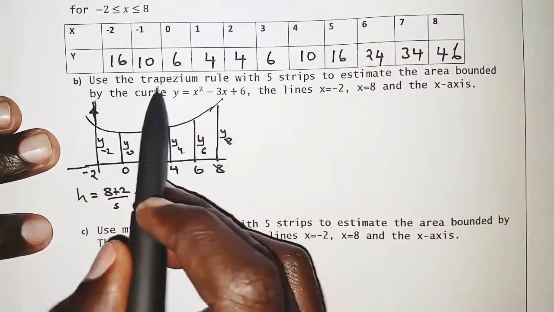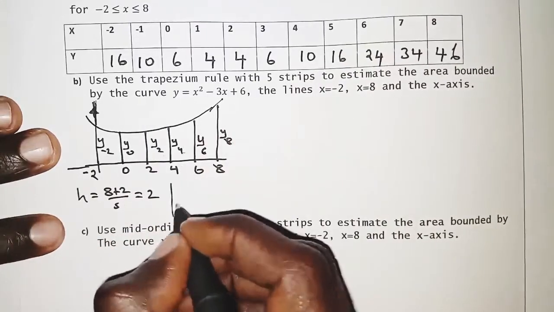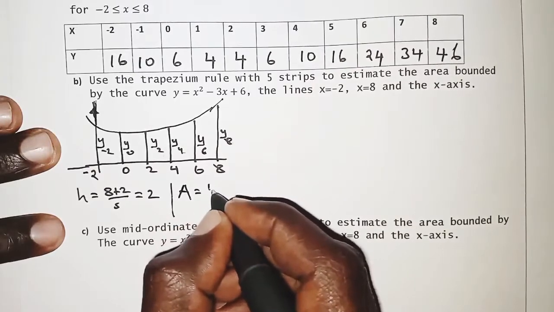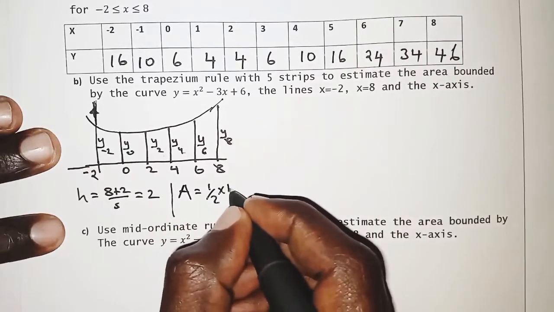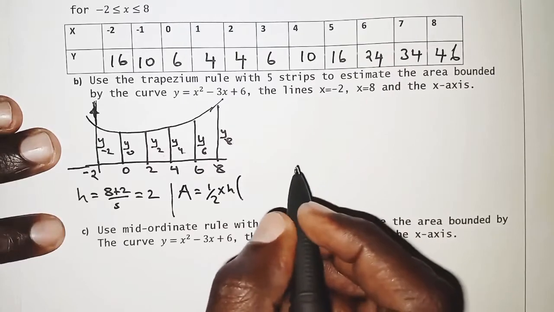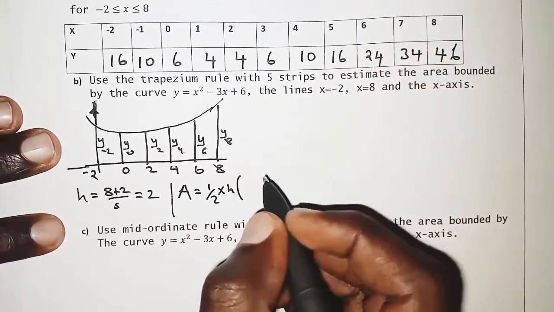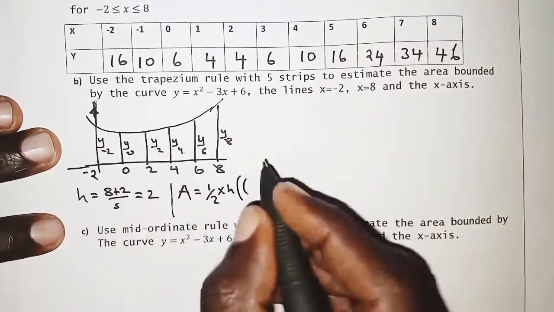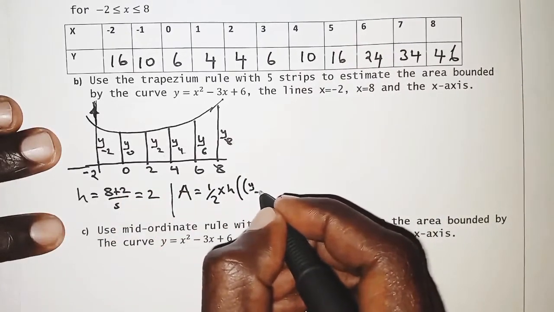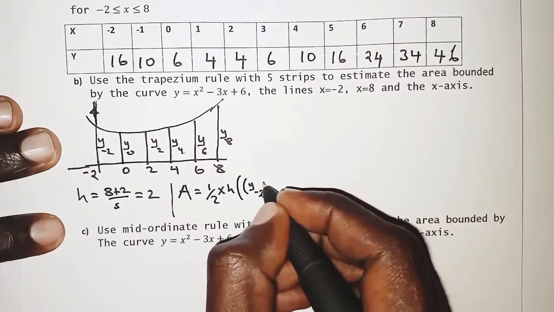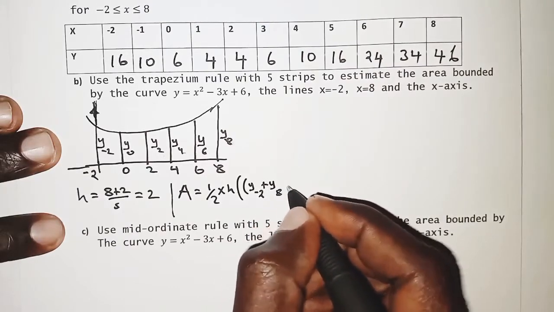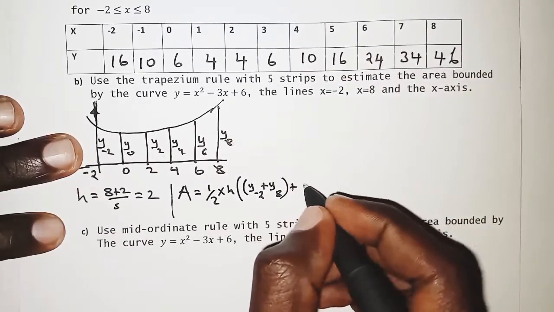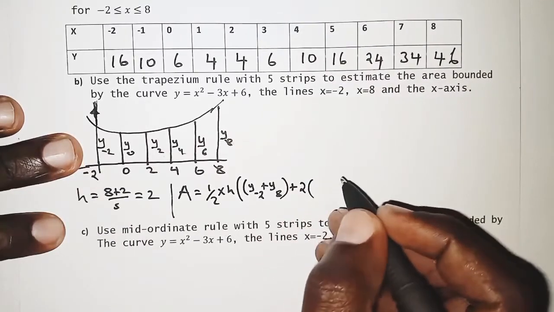So for the trapezium rule, we're going to say that area is given as a half times the height into the sum of all the parallel sides, so that we first of all have the extreme ones, y at -2 plus y at 8. That is the first one and the last one, and then the middle ones will have to be doubled.